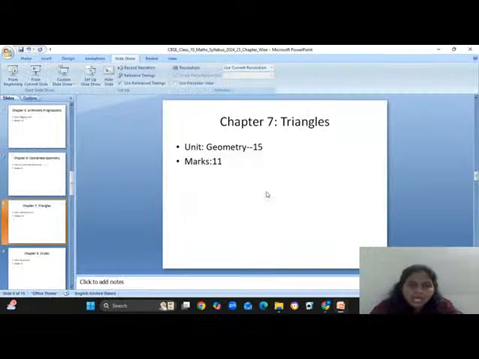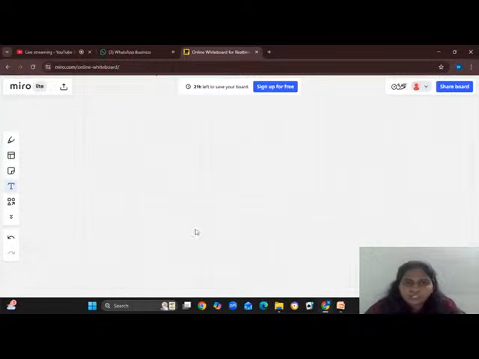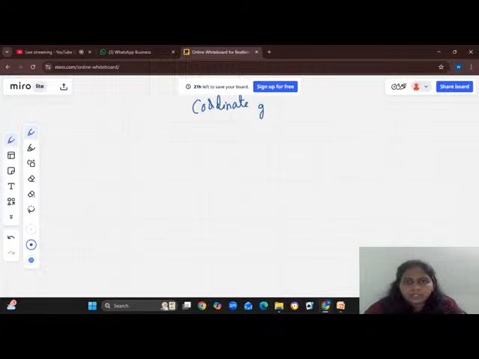If you have pen and paper, note down all the formulas. It will be like a quick revision of all the chapters. So we are doing coordinate geometry now. Just now we studied the distance formula.